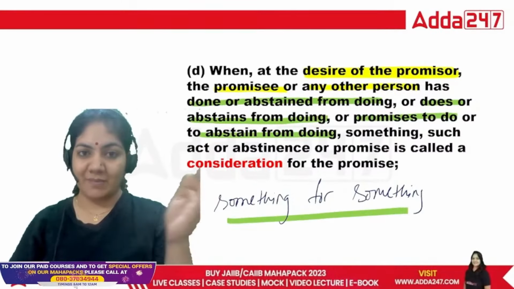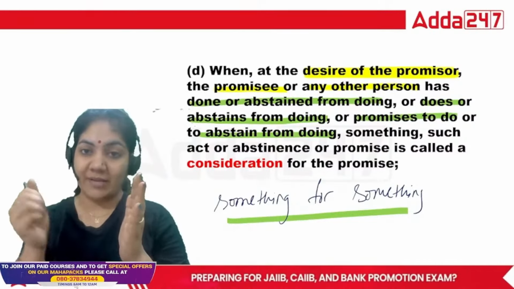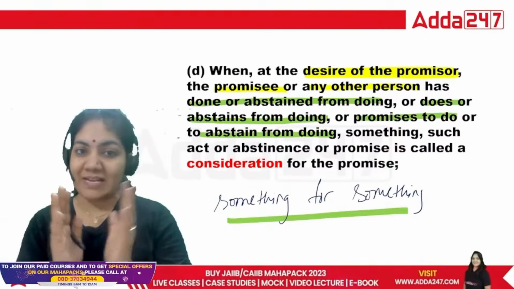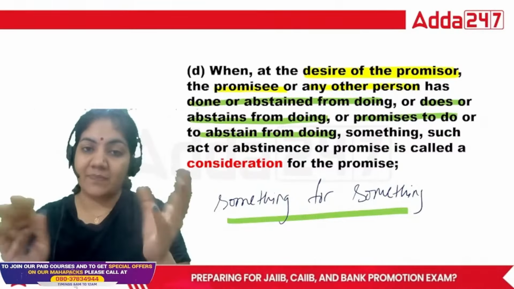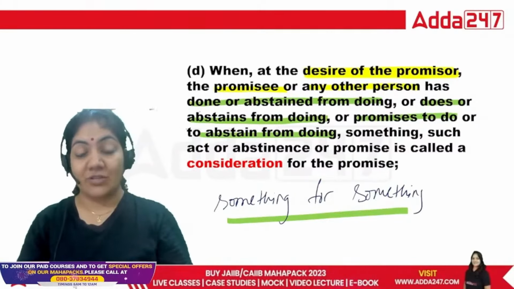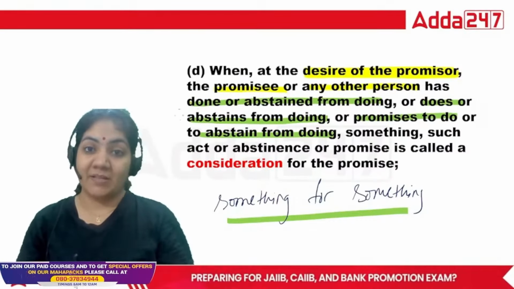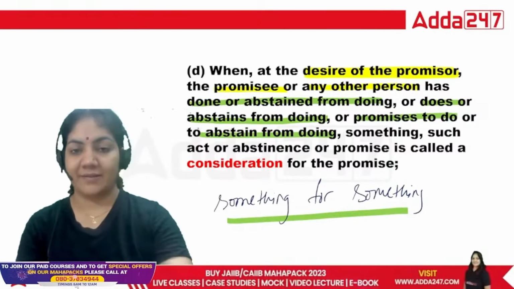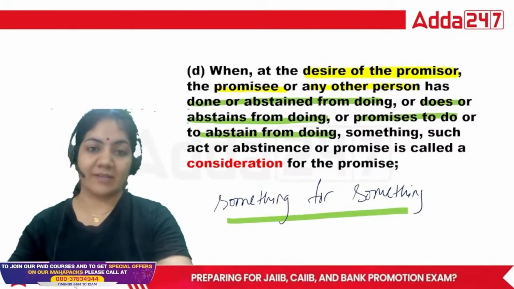If you purchase the batch, that is your consideration, and for it you have given money. Money is the consideration for that. In a contract, each party requires something for something. I will not give you anything free of cost. You have to pay me something for that. So consideration is basically something for something.